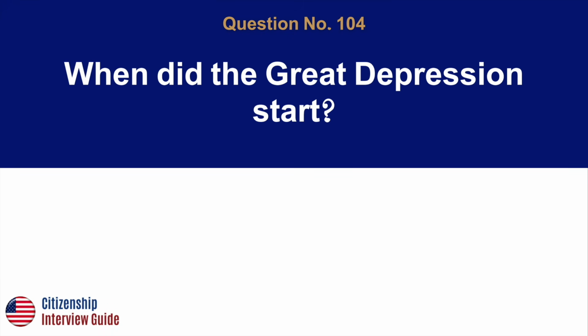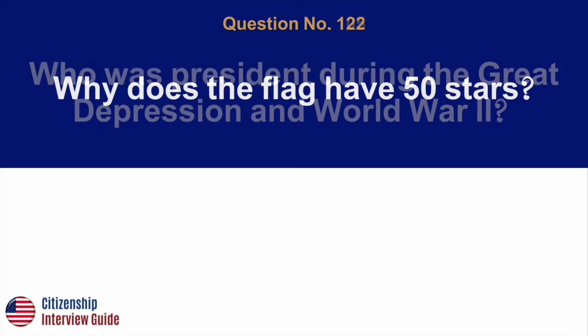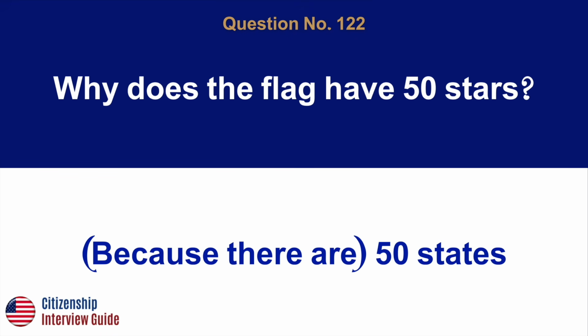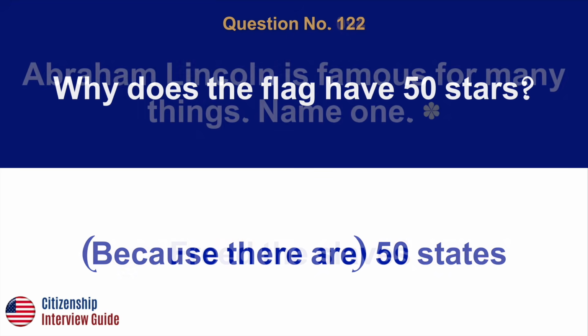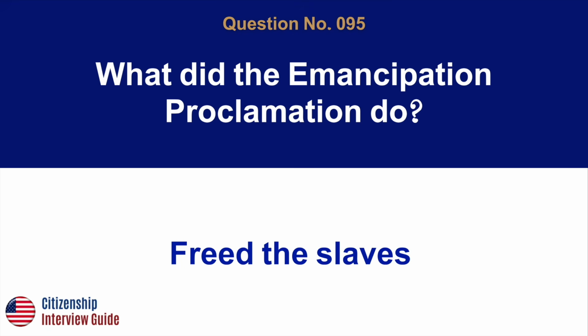When did the Great Depression start? Stock market crash of 1929. Why does the flag have 50 stars? Because there are 50 states. What did the Emancipation Proclamation do? Freed the slaves.